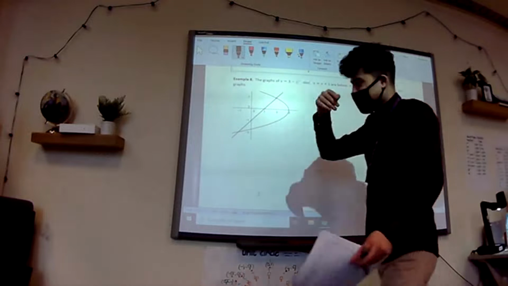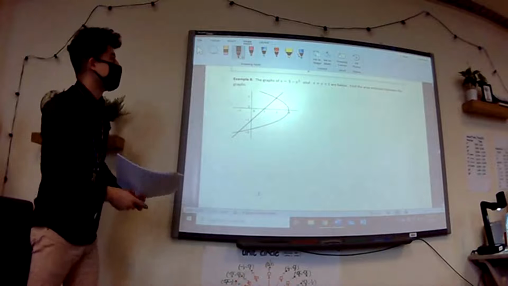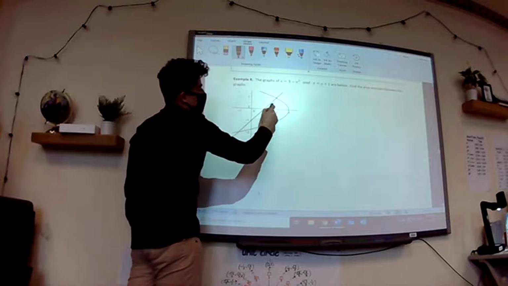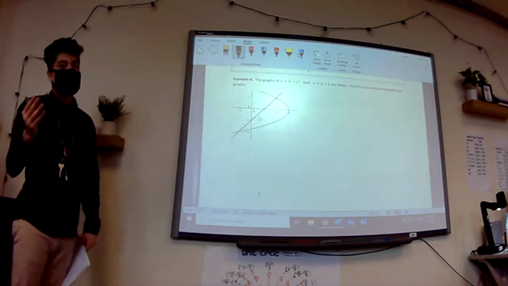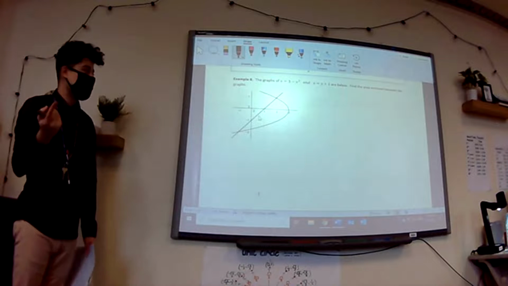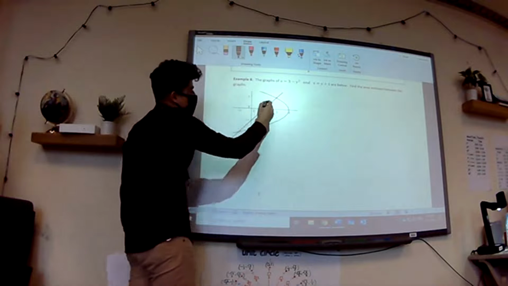Okay, so here's an example. Get the area enclosed between the graphs. So get this area. Okay. So let me show you why this would be annoying to do with respect to x, like vertically. If I were to get this vertically, look what happens.